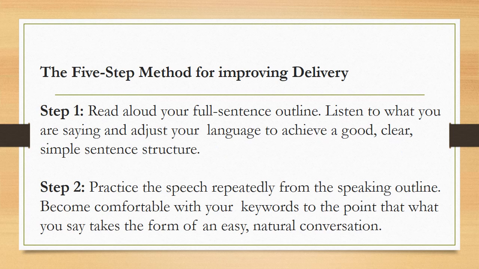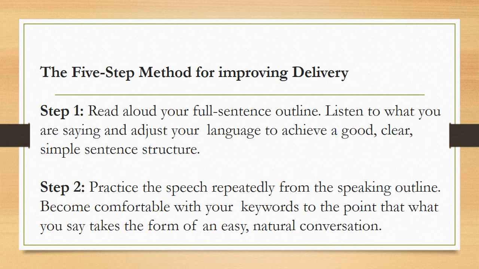Okay, so now let's move on to the 5 steps method for improving delivery. This talks about our informative speech delivery. Step 1, you need to read aloud your full sentence outline.